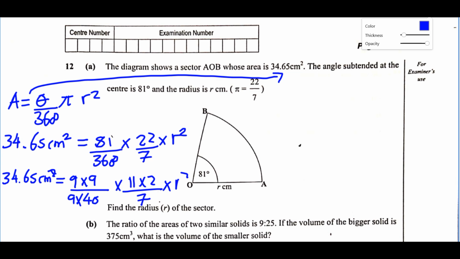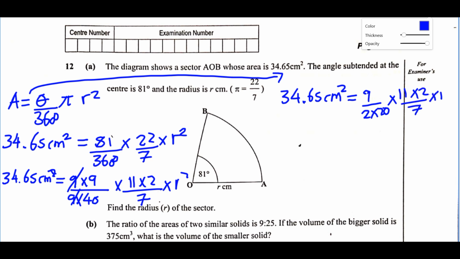The reason why I've done this is so that I can cancel this number. So we have 34.65 centimeters squared is equal to 9/40. 40 is the same as 2 times 20. Then here we have 11 times 2/7. So we can cancel the 2. So on top we have 9 multiplied by 11 times r squared.